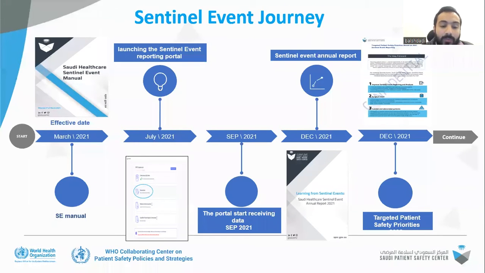The first one was improving Sentinel event reporting and analysis, as we see that the number of reports is below expectation, and also the quality of reported events is below expectations. Other than that: surgical count, suicidal patient, blood transfusion, preoperative assessment, medication, VTE, and medical devices.